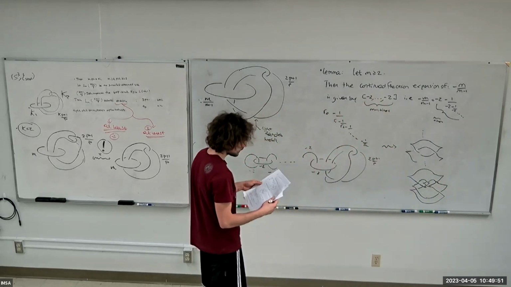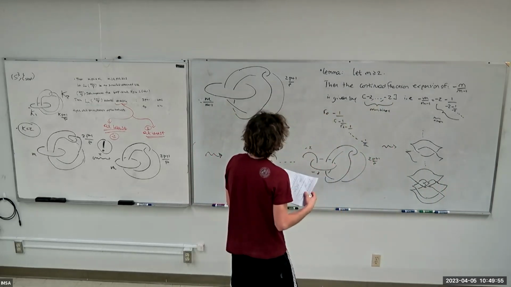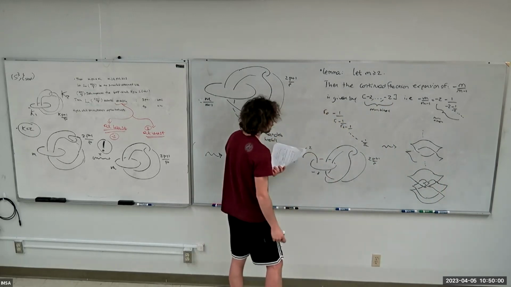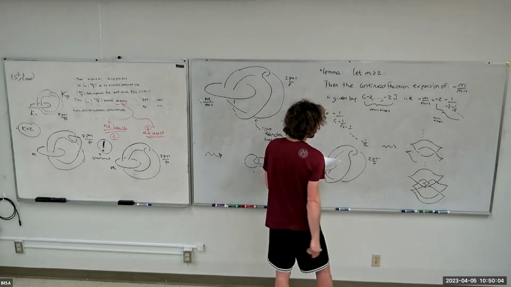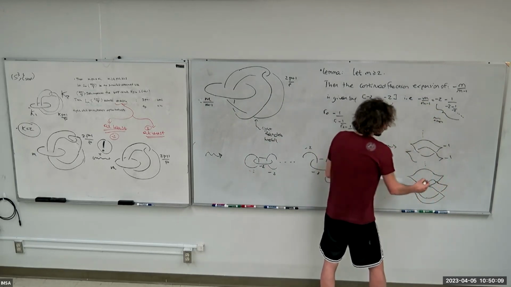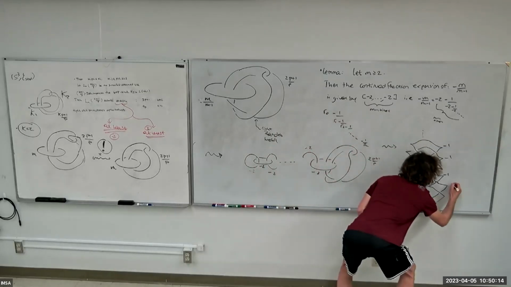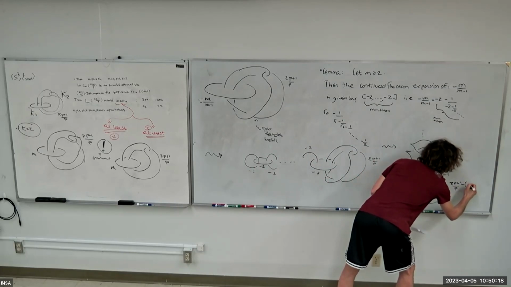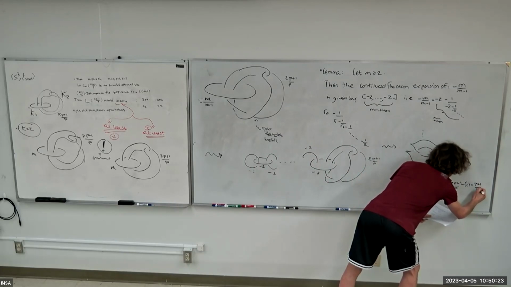And as for the surgery coefficients, now I want to have the contact surgery coefficients. So I will subtract the Thurston-Bennequin number of these guys here from the smooth surgery coefficient. I get these guys that will have coefficient minus 1, and this guy here will have 2p plus 1 over p minus 1, which is p plus 1 over p.